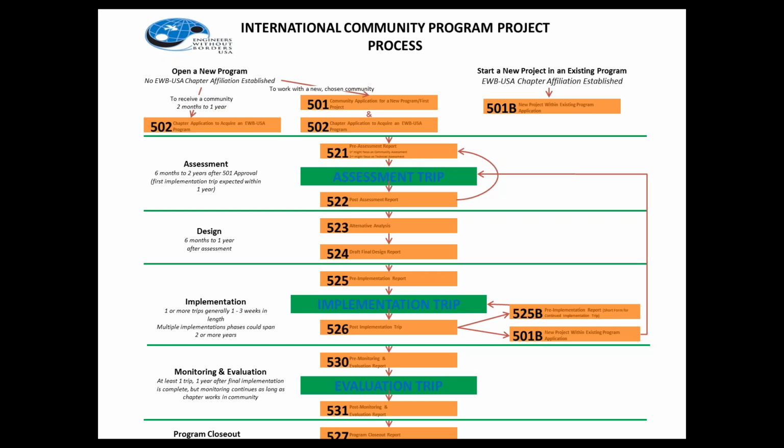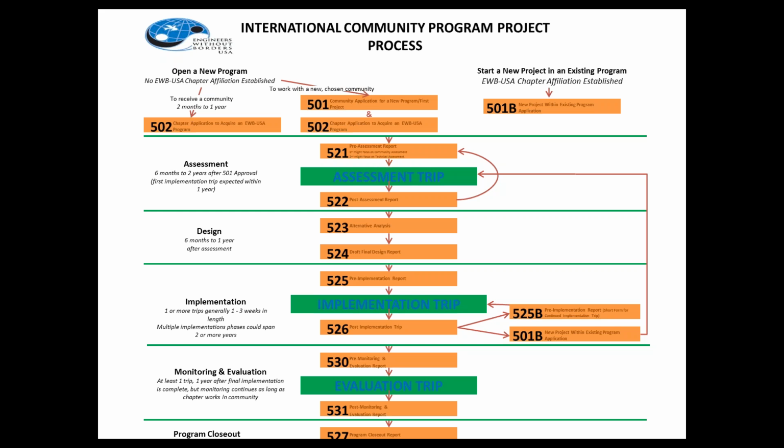And then after that, we move into assessment. Typically this can last anywhere from 6 months to 2 years after the 501 is approved for the community. This is where we're gathering all of the information, confirming the needs of the community, establishing our relationships, looking at material sources, just doing a holistic assessment.